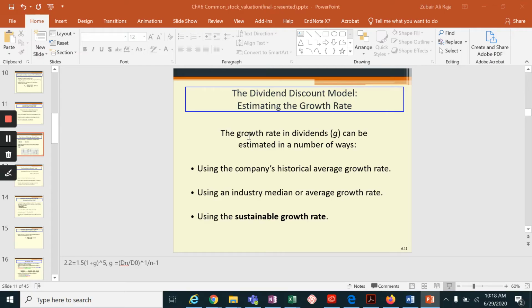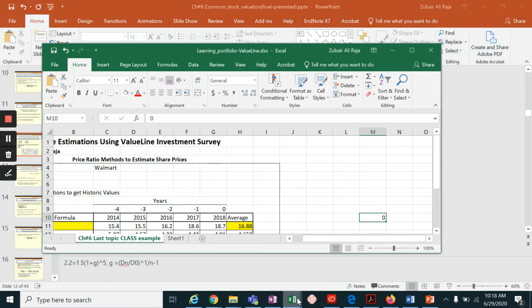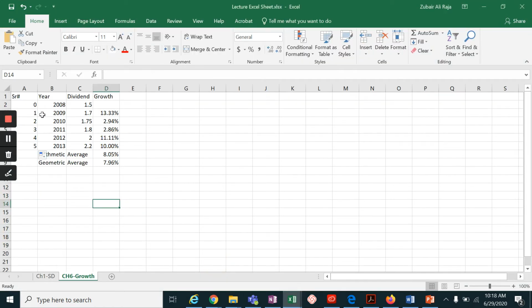In the Excel, you can see that I have simply computed the growth rate: 1.7, which is the 2009 dividend, minus the previous year's dividend, 2008, 1.5, divided by 1.5.